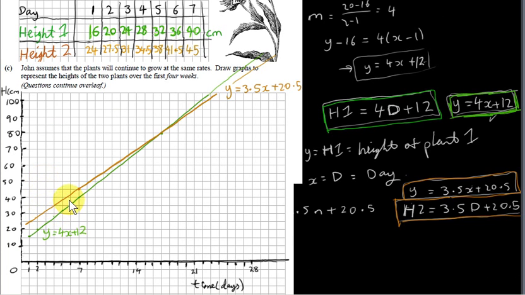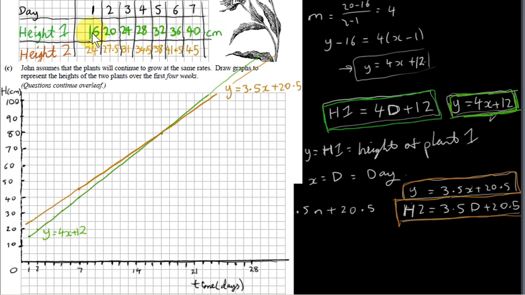In this graph, I show the heights of the 2 plants over the first 4 weeks. 4 weeks is 28 days. Now, in order to fit this in here, I have different scales here. Each of these ticks represents 1 day, and here I'm going up in steps of 10 centimeters.